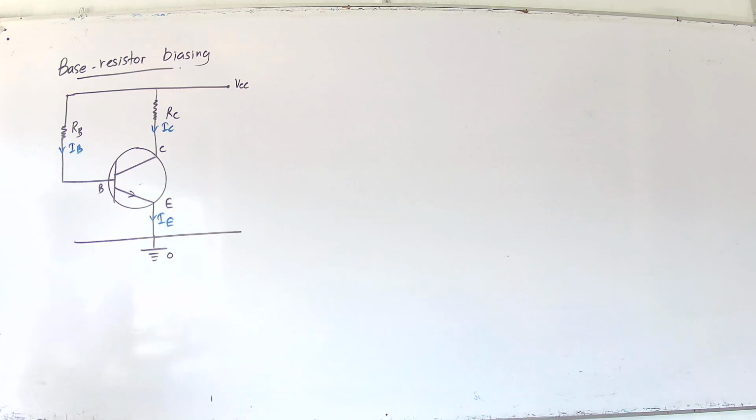Okay. First of all, draw this one. Write down: the simplest method of biasing is the base resistor method.